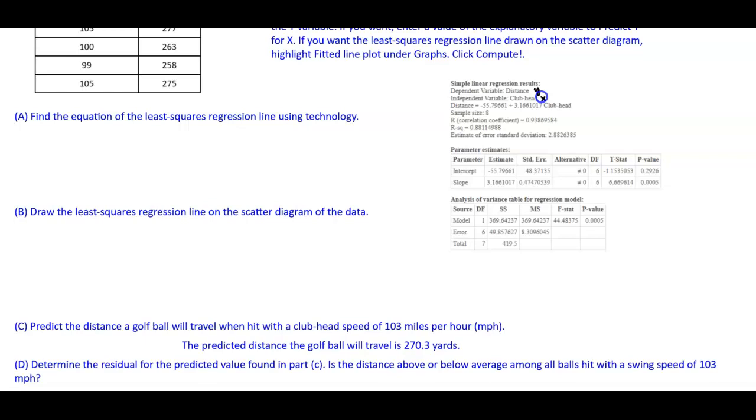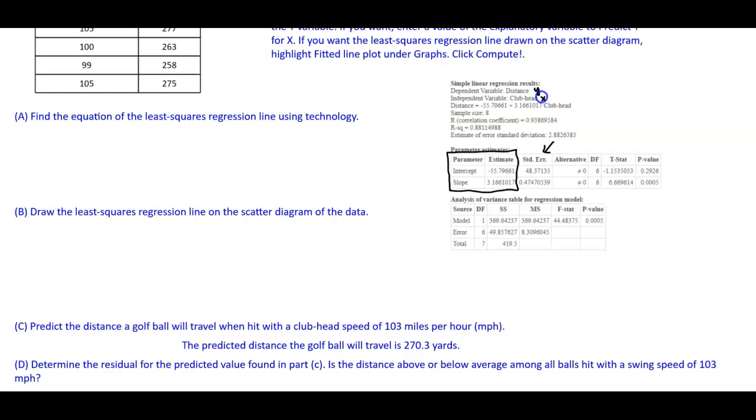And here, what it's telling us is the following. It's given us the slope and the y-intercept. This is considered the standard error, but this represents the intercept and the slope.